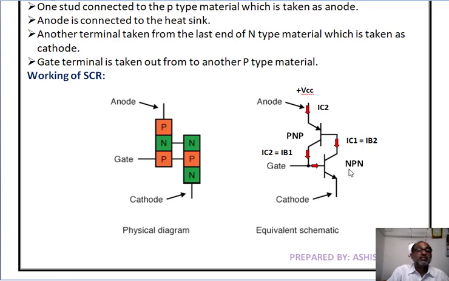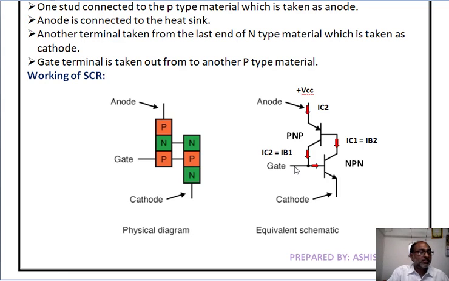So now suppose a load resistance is connected between the anode and cathode terminals of this SCR, and a very small voltage is applied between the gate and cathode terminal of transistor T1. When the gate voltage is 0, the current through the gate of transistor 1 is also 0.